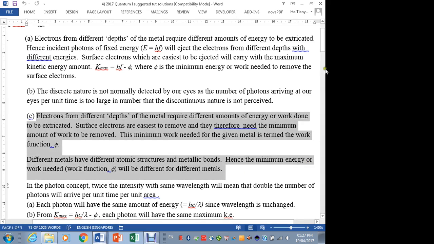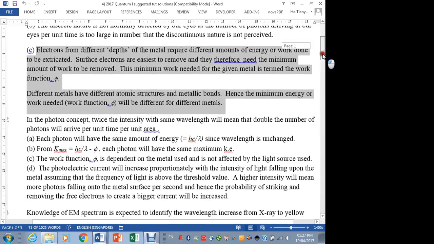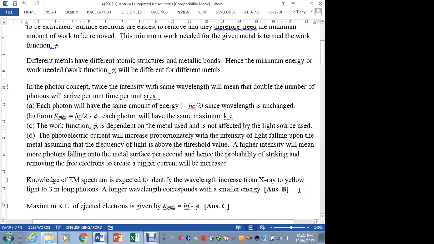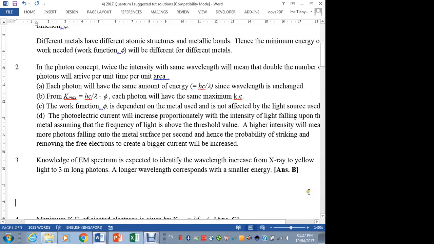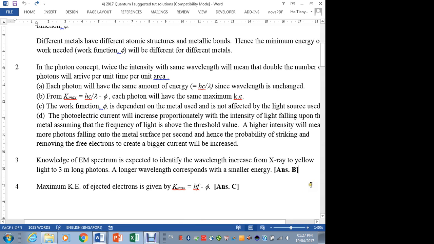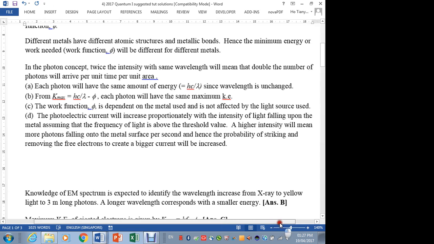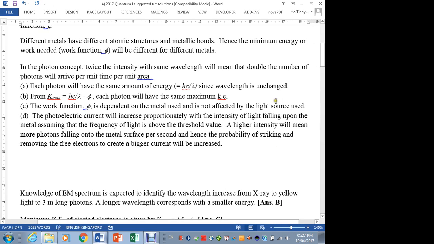So for question 2, A, B, C stay the same, unchanged, not affected. Part D, it will actually increase.